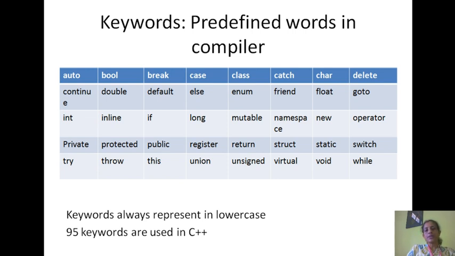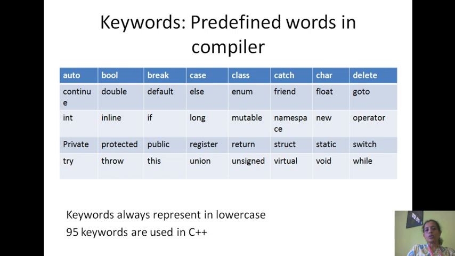In C++ we get around 92 keywords, and in this table I mentioned some of them, not all. Every word has a specific meaning in the C++ language.